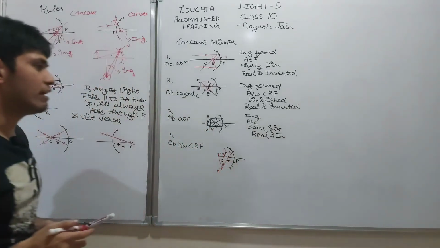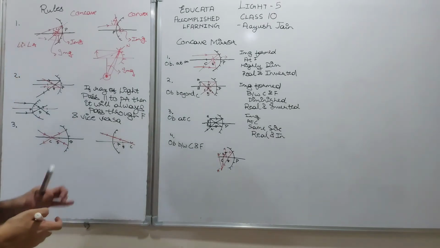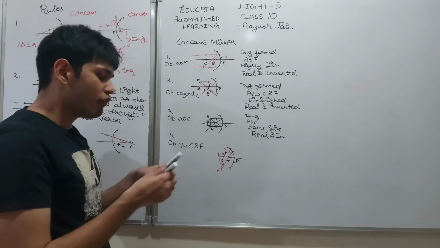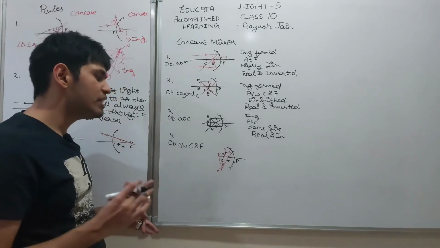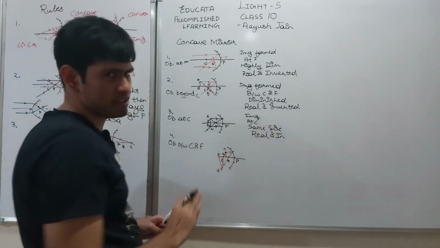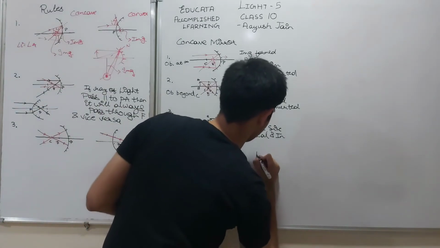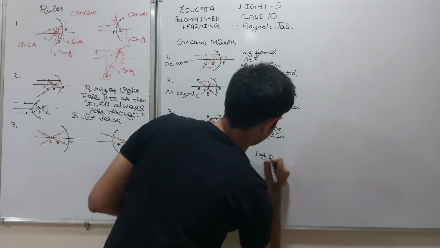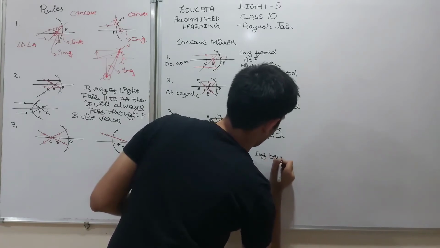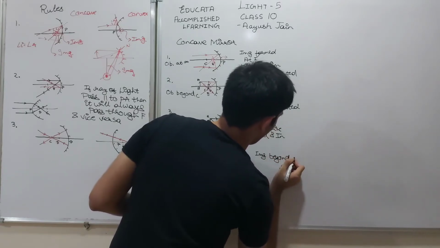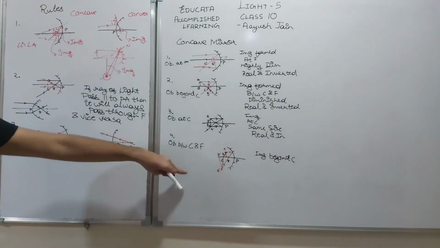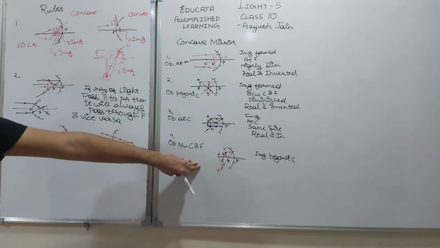Now, what sort of image are we getting? First of all, the image is present beyond C. Image beyond C. Now the next thing, is the image formed of the same size?